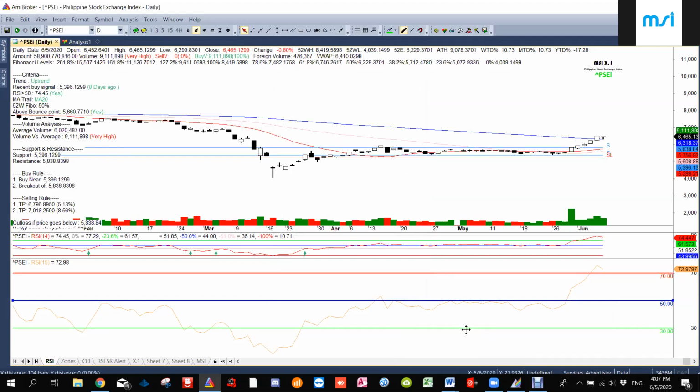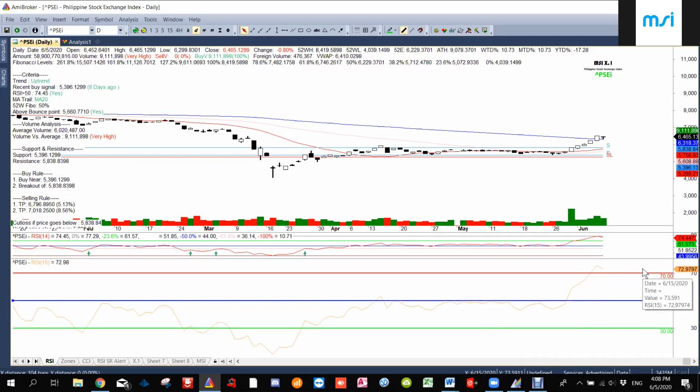Okay, so dito makikita nyo na yung 3 lines niya would give you an idea na kung yung momentum niya ba is malakas or mahina. So any stock trading below the 50 line is considered as dead yung momentum or low yung momentum niya. Any stock trading above the RSI 70, na andun yung momentum.